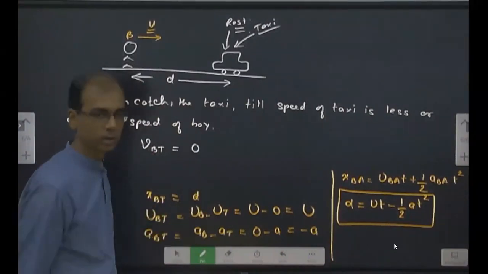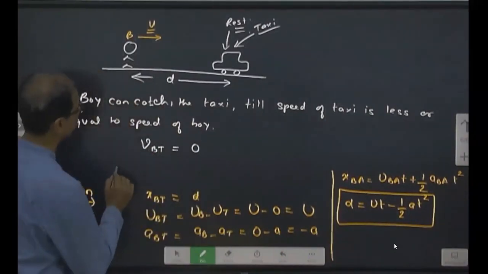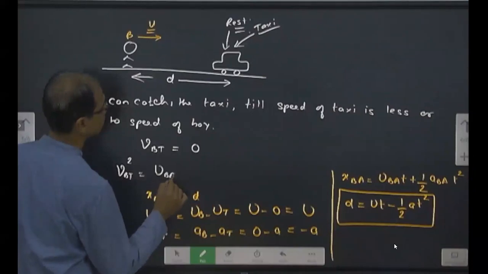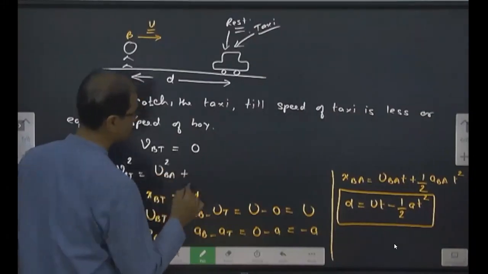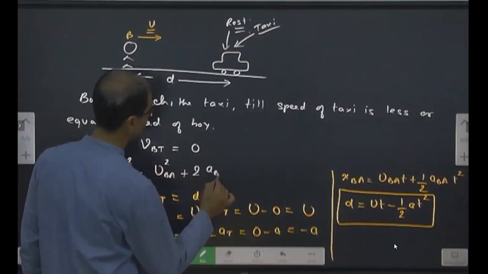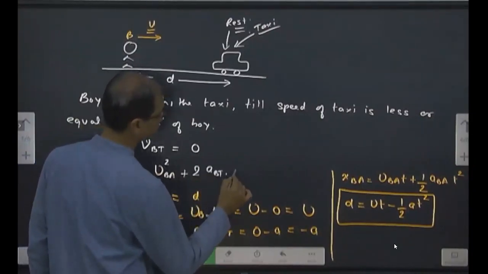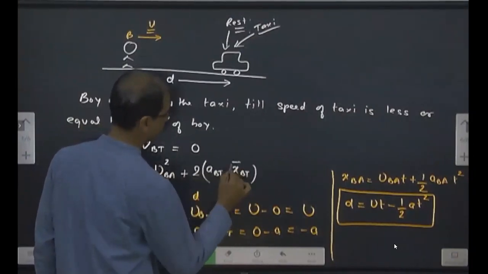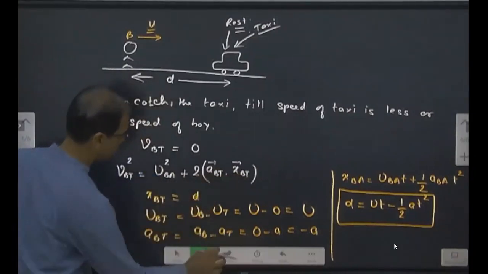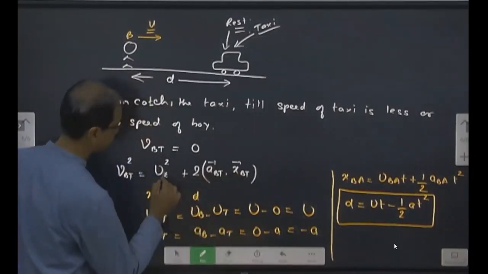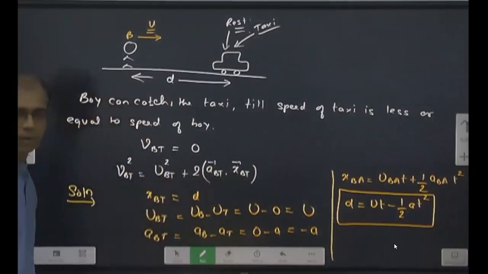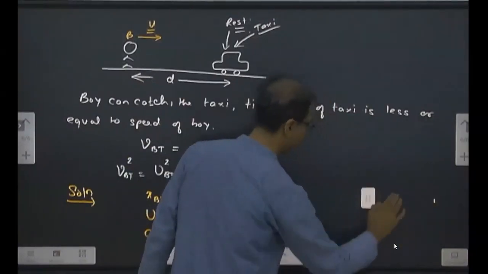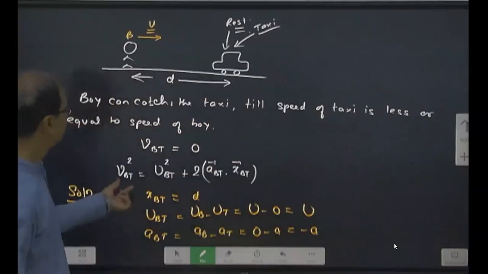Now I'll apply the third equation. What is the third equation for me? Velocity of B with respect to T squared equals initial velocity of boy with respect to T squared plus 2 into acceleration of B with respect to T into displacement of boy with respect to T. Okay, let's put the values. This I am removing from here because this is not required. VBT is 0.